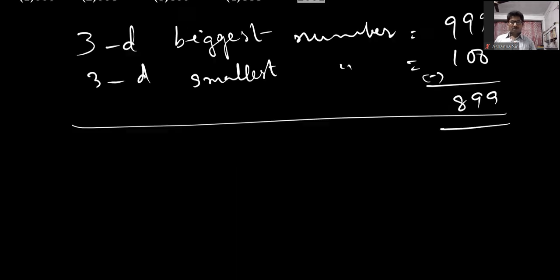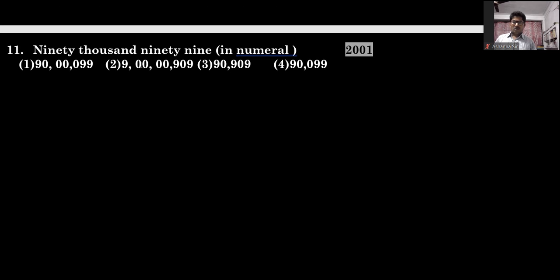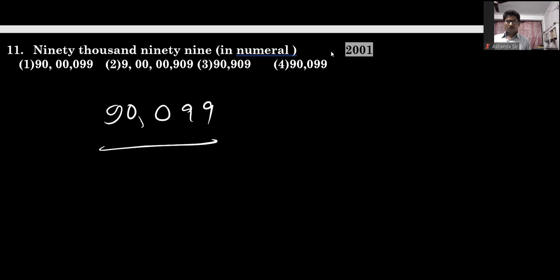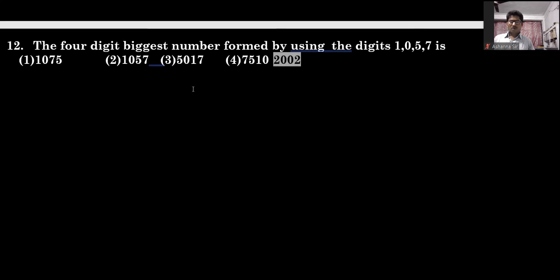11th one, 90,000 99 in numeral: 90,099. Option 4. 12th one, the 4-digit biggest number formed by using the digits 1, 0, 5, 7 is.